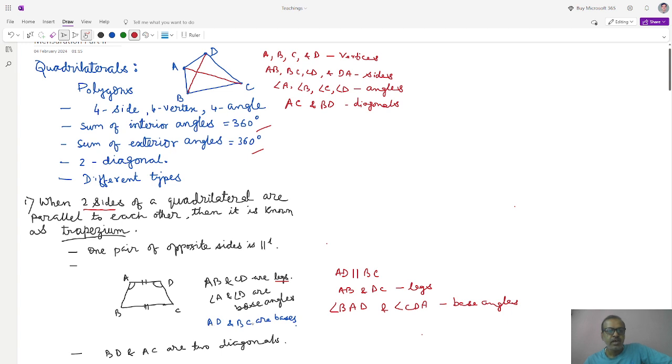AD and BC are the bases. The two parallel sides are known as bases. So once again, in trapezium ABCD, AD parallel BC and sides AD and BC are known as bases, and sides AB and DC are known as legs, and angle A and angle D are known as base angles.